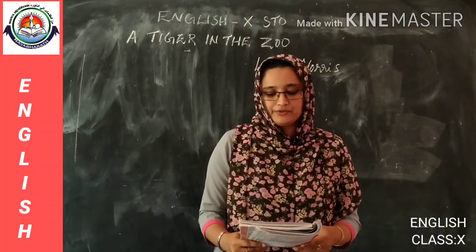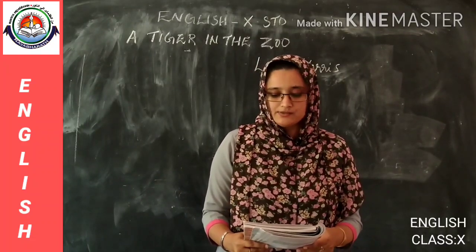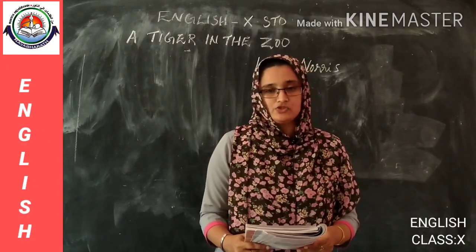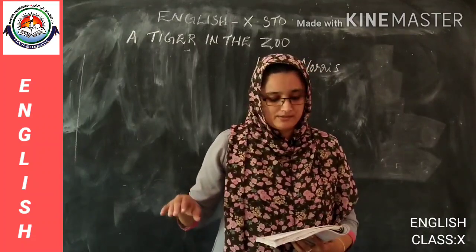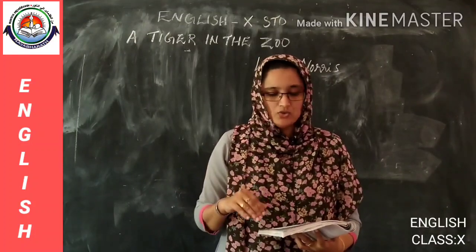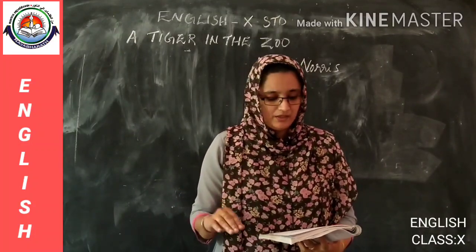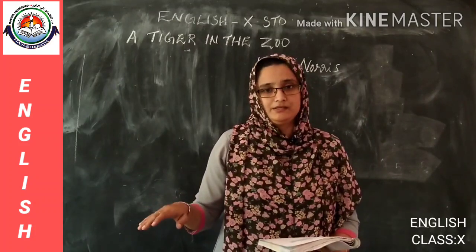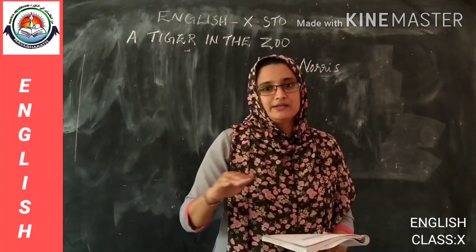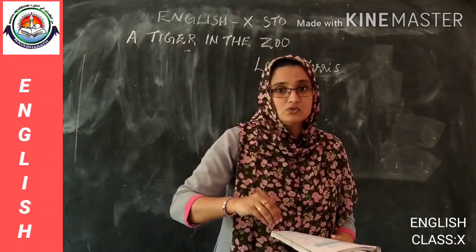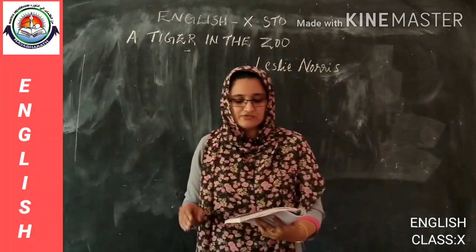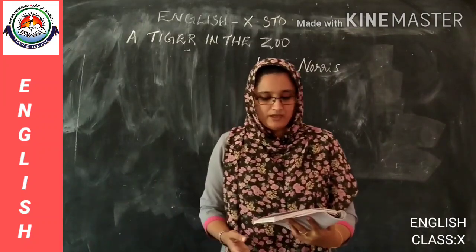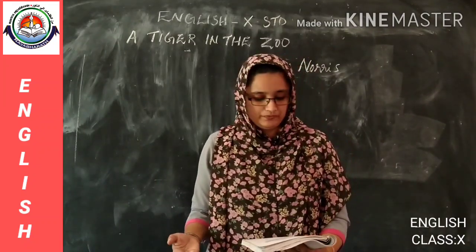This poem contrasts a tiger in the zoo with the tiger in his natural habitat. Here we can see a contrast between a tiger in the zoo and his life in the jungle. The poem moves from zoo to the jungle and back again to the zoo.